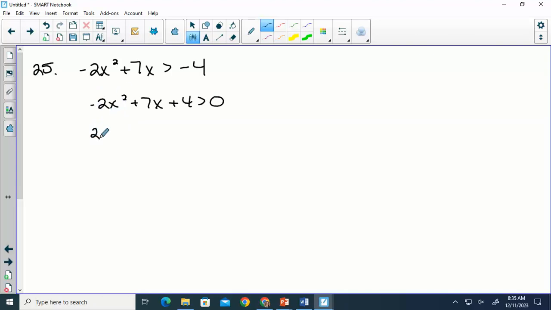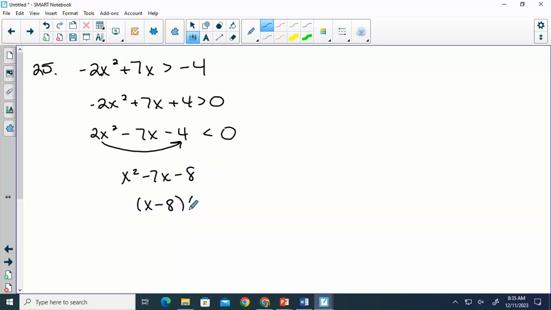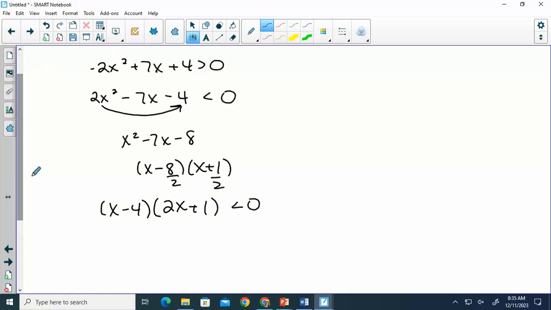And anytime you multiply or divide by a negative, what happens? Now we can do slip and slide. We have to divide our 2. So we get x minus 4, 2x plus 1, less than 0. Set those to 0 and we get positive 4, negative 1 half.